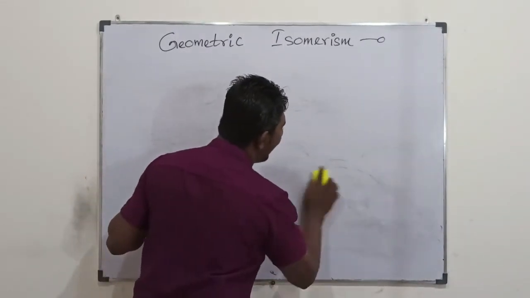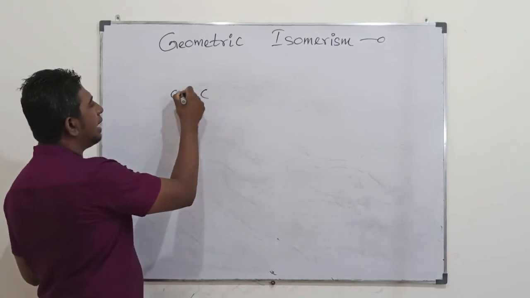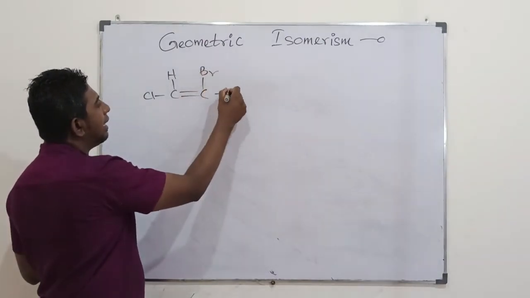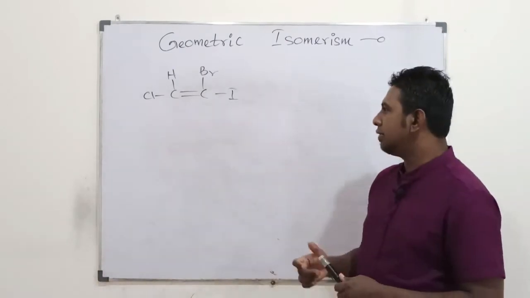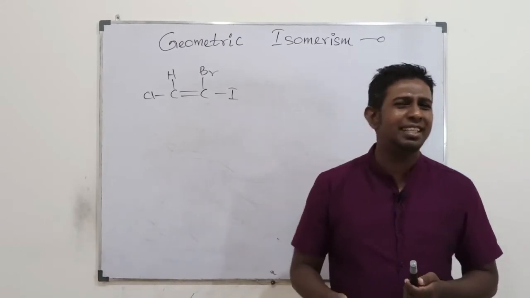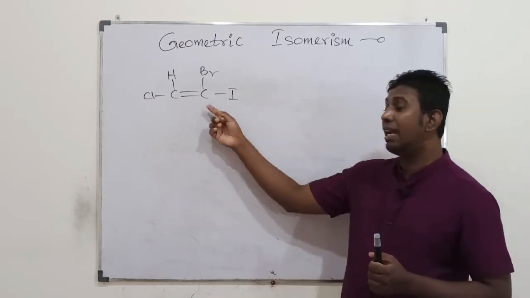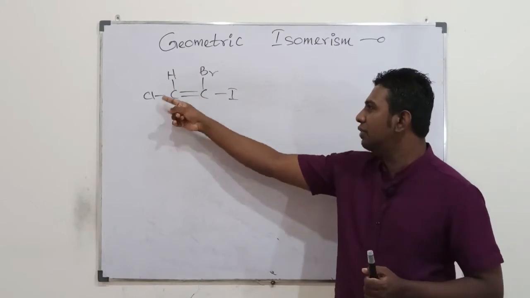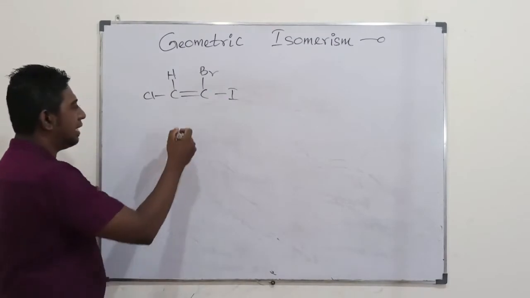So students, in that aspect, we can't use the words cis and trans. Let's say you have hydrogen, chlorine, bromine and iodine. This is just the structural formula only. Those needs are satisfied. You need to have a carbon-carbon double bond hindering the free rotation. Yes, you have. On each carbon you need to have two different groups. Yes, you have two different. Now the matter is you can't name them as cis-trans.